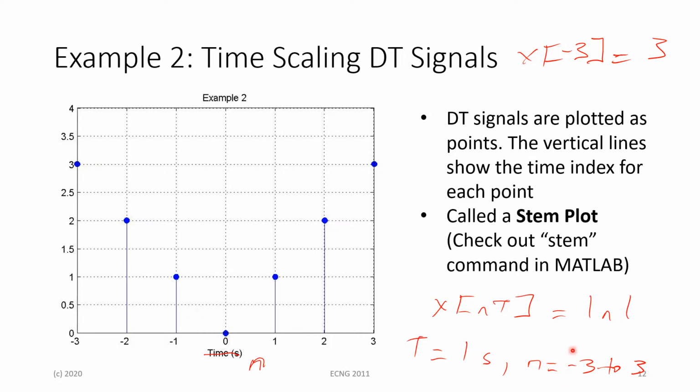And our instance here of n equal to minus 3 is represented here on our x-axis. Similarly, for our instance where n is equal to minus 2, when we plug in that minus 2 into our x of nt equation, the magnitude of our resultant is going to be positive 2. So n here represents our sample number, from minus 3, minus 2, minus 1, and so forth.